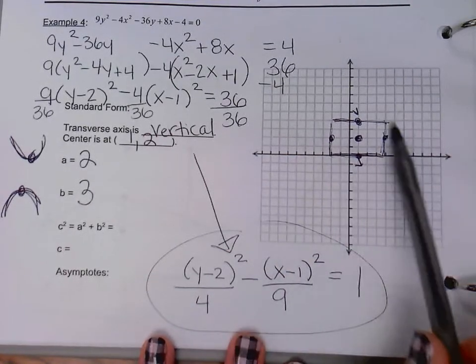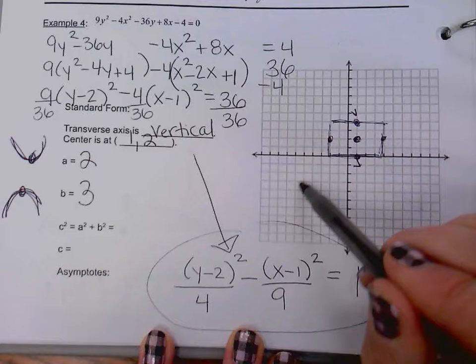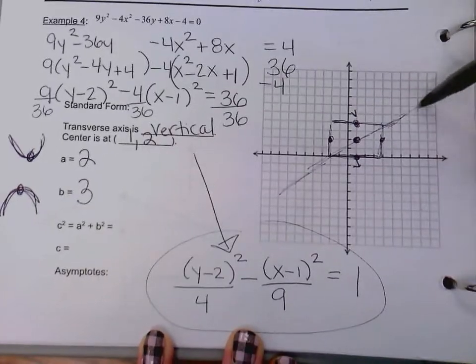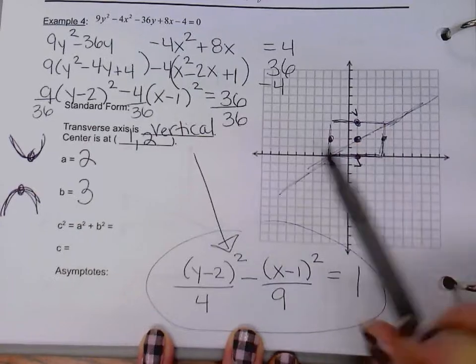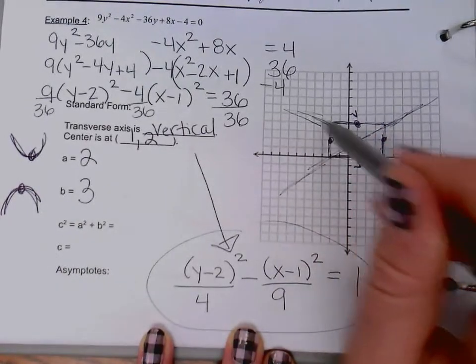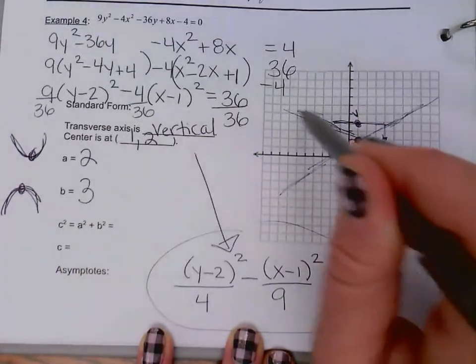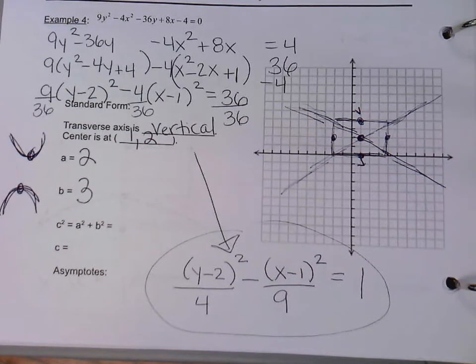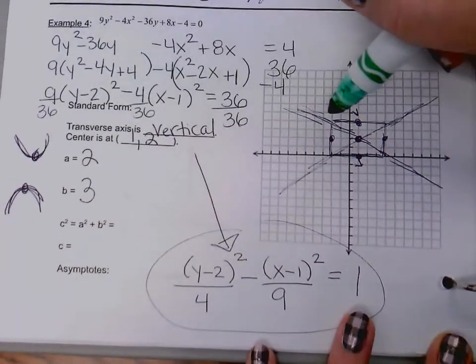Once you have your rectangle, remember you dot in the diagonals of the rectangle. So it goes through the center and through the corners of your box. So you draw in your diagonals, which are the asymptotes. I'm just going to do mine in a different color to emphasize. Now you finally are drawing the actual hyperbola.